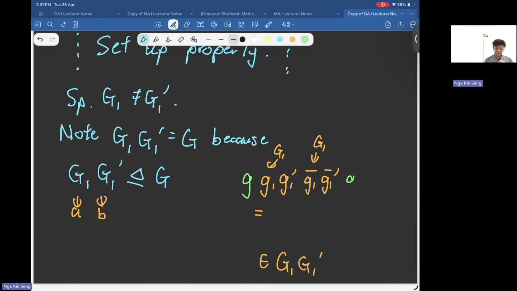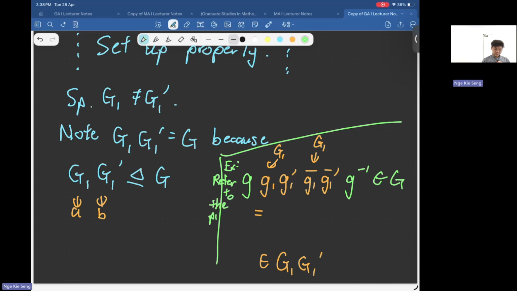To show normal is just put this one and then show it in G. But subgroup, do you know what is a subgroup? Oh, I think this is the proposition of the product groups, right? Very similar. Okay, I think it's a very good exercise. I think you should do it. So exercise, refer to the product group proposition.